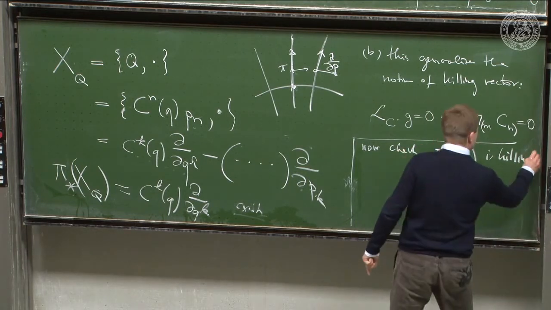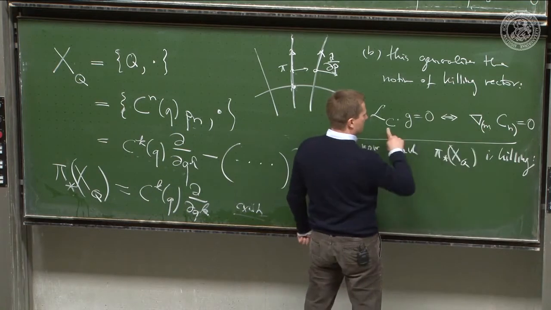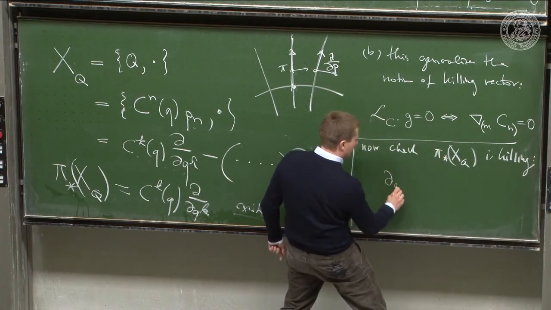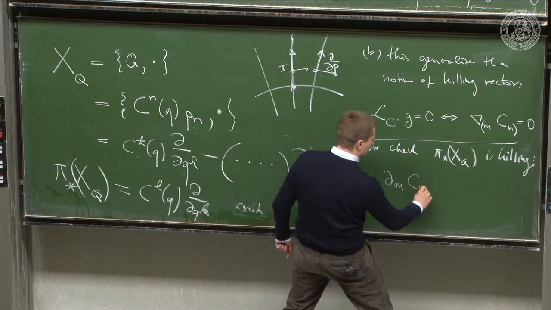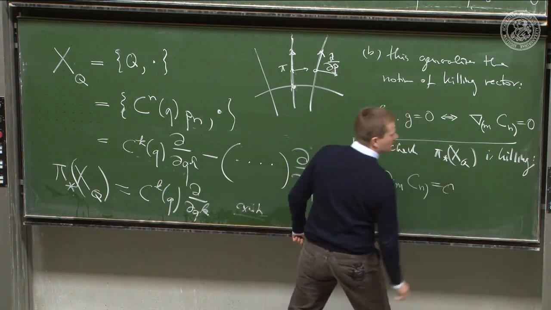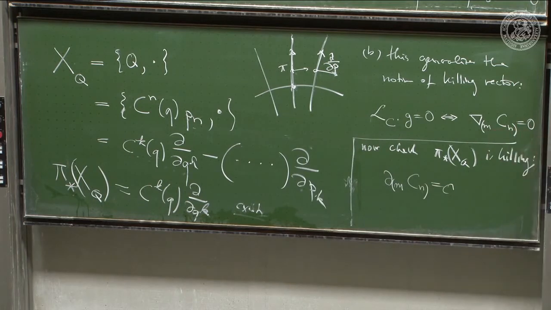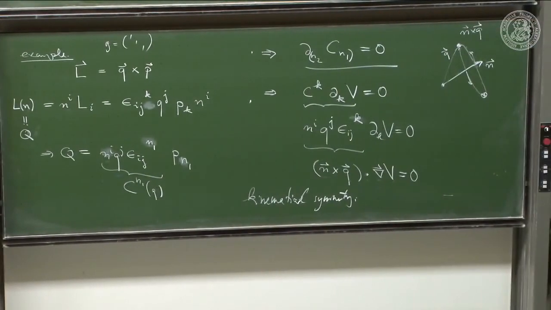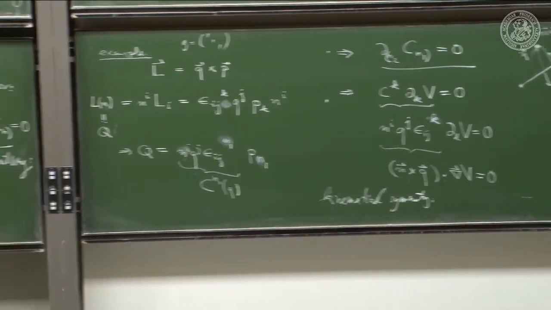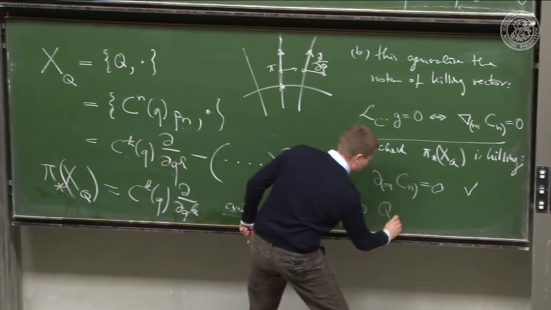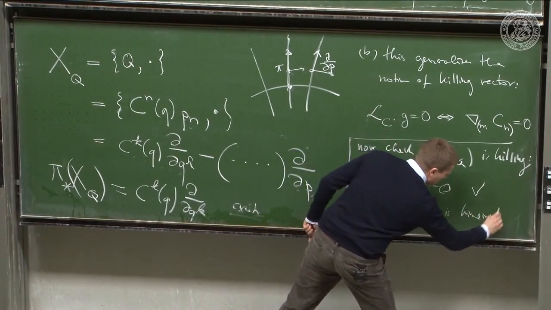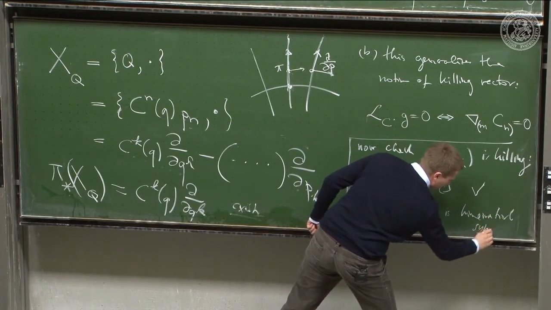Well, how do we do this? We need to calculate this condition here. We need to calculate del_m c_n equal to 0. Well, but that we already checked. That's true. So in fact, we push it down, and it is Killing down there. Hence, this Q that is L_n is a kinematical symmetry.